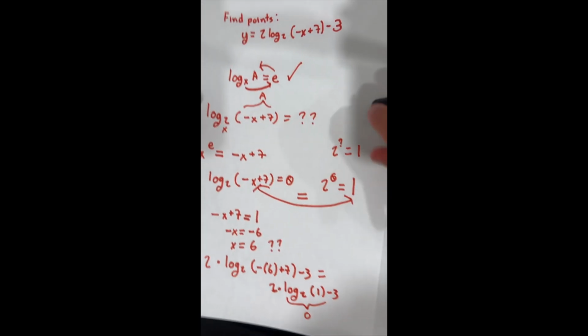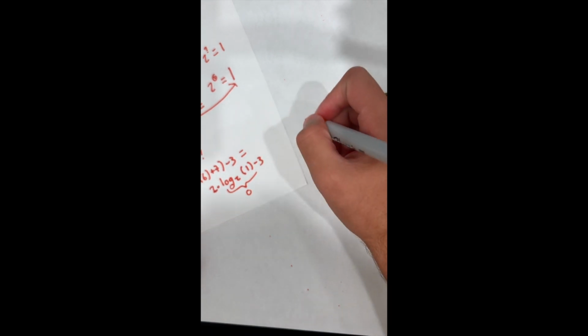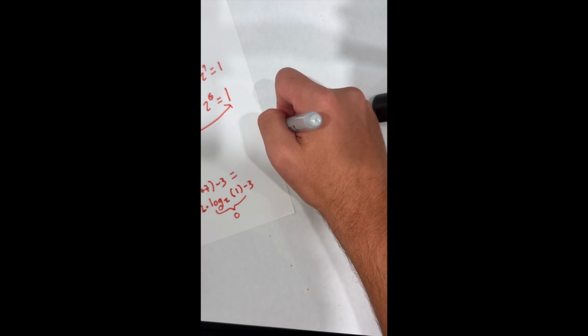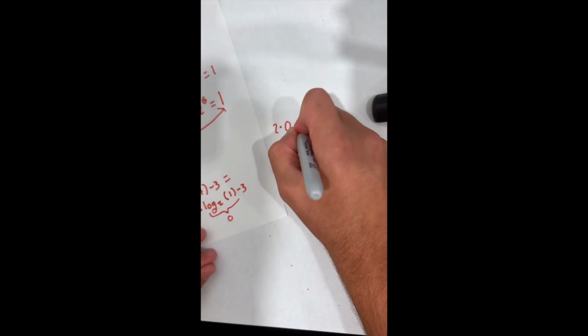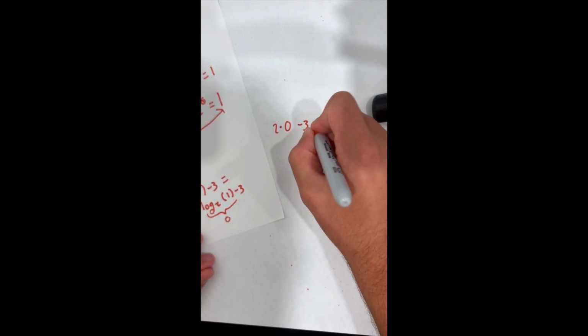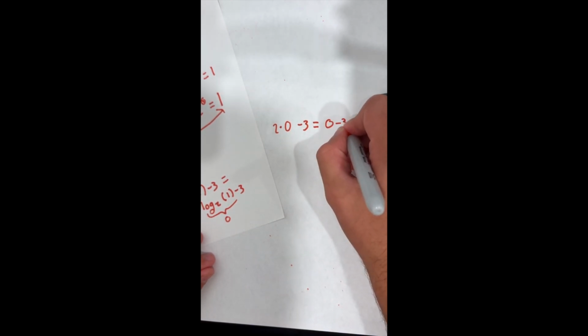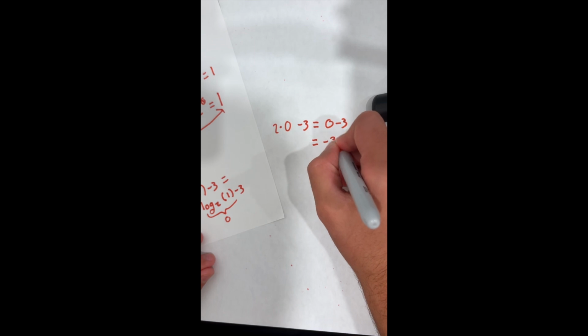So we could completely rewrite the function as 2 times 0 minus 3, and when we simplify that further, we just get 0 minus 3, which is negative 3.